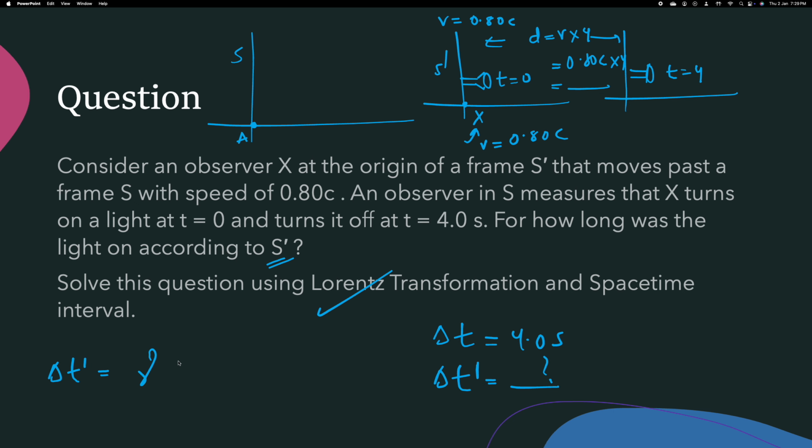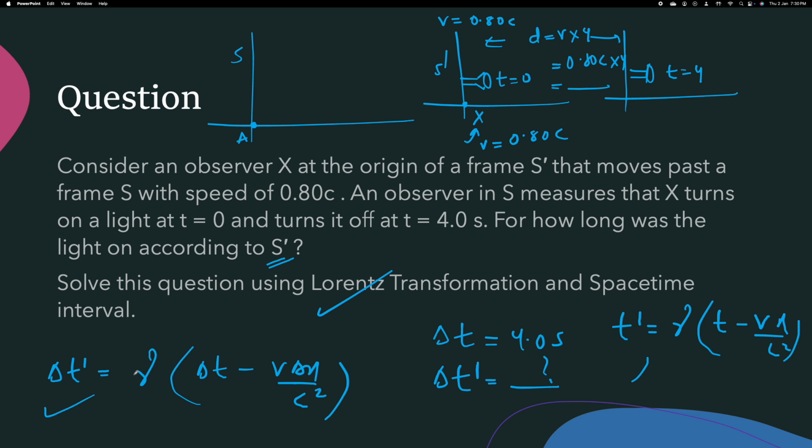So delta t prime will be gamma times delta t minus v delta x over c square. Now don't get confused. You have the formula t prime is equal to gamma times t minus vx over c square. From there only we have written the formula for delta t. That's it. It's just change in time. The formula looks pretty similar, so you don't need to think too much about it. If you're writing in terms of time, just write t.